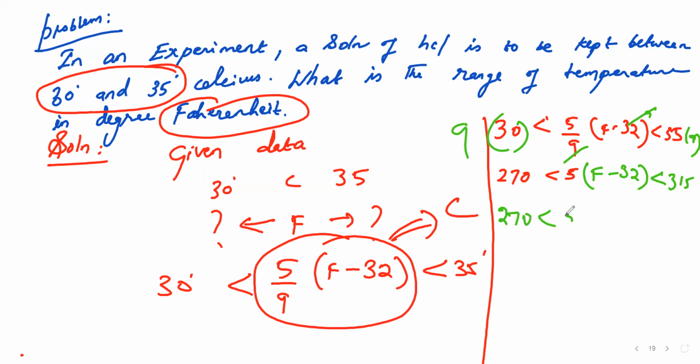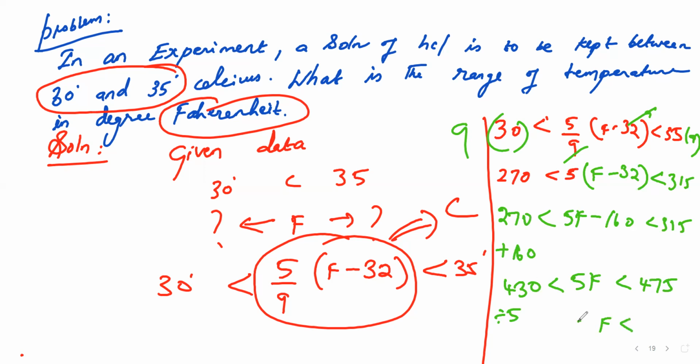So 270 less than 5F minus 160 less than 315. Add 160 everywhere. So this became 430 less than 5F less than 475. Divide by 5, a positive real number, so no problem.